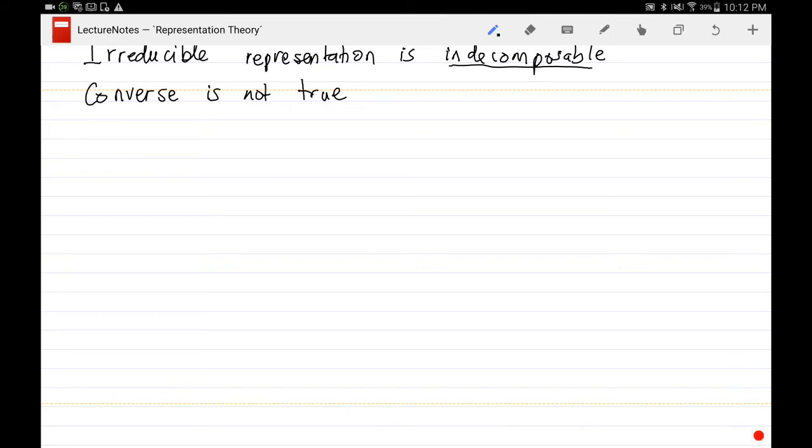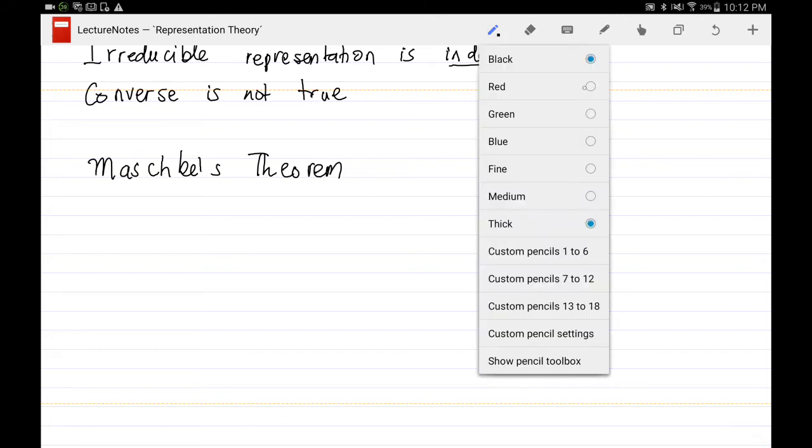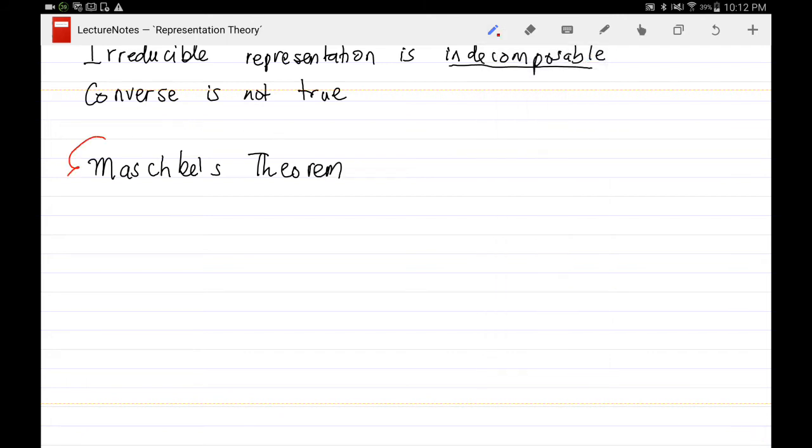So here's a theorem. It's called Maschke's theorem. I think that's how you pronounce it. So I'm going to change colors. Put this in a bubble because it's really important. And I'll write it in red.